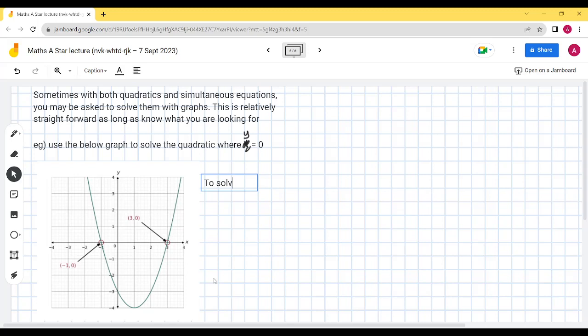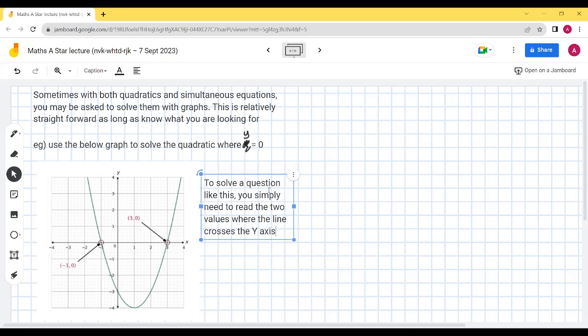To solve a question like this, you simply need to read the two values where the line crosses the x-axis.